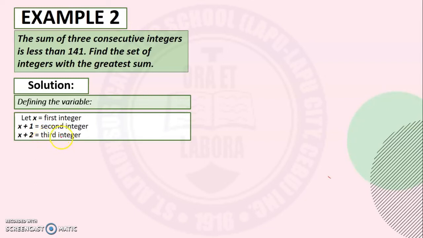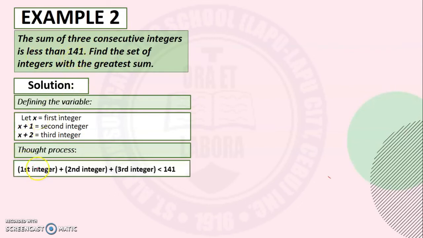Okay, now the thought process. According to the problem, the sum of the 3 consecutive integers is less than 141. So this means first integer plus second integer plus third integer is less than 141.